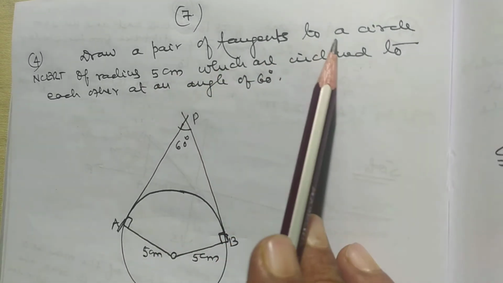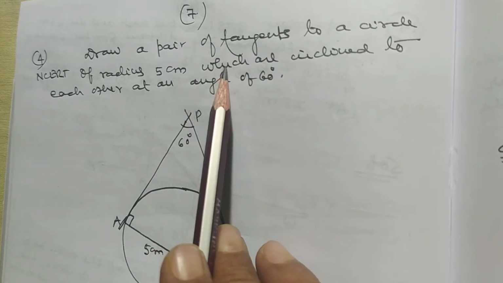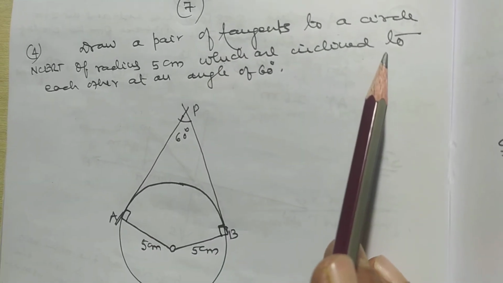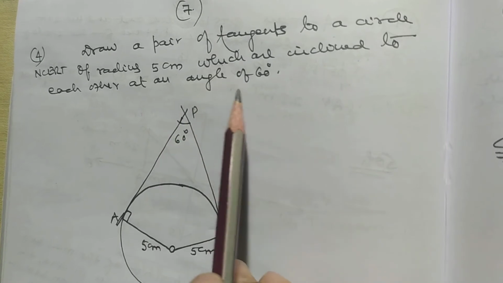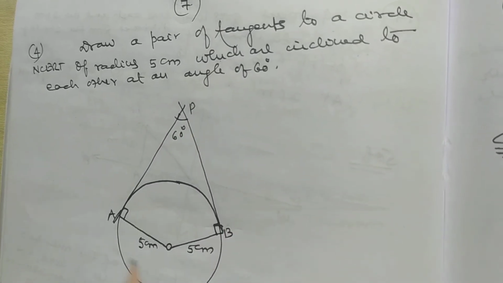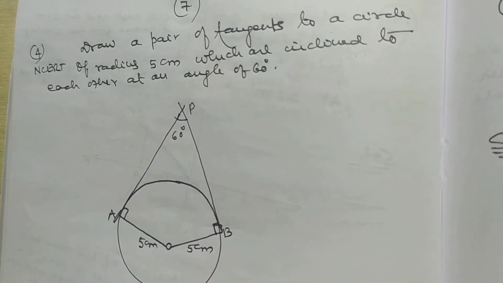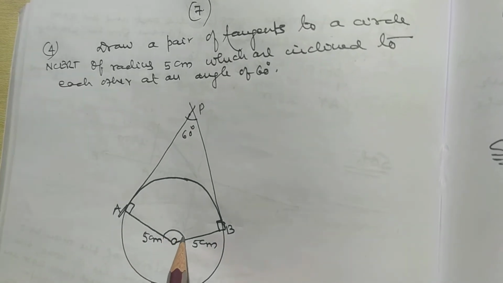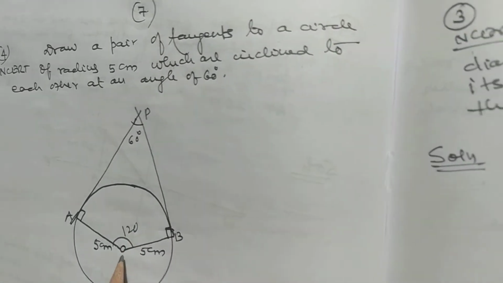Draw a pair of tangents to a circle of radius 5 centimeter which are inclined to each other at an angle of 60 degree. This is a circle of radius 5 centimeter. And you make an angle of 120 degree at the center.